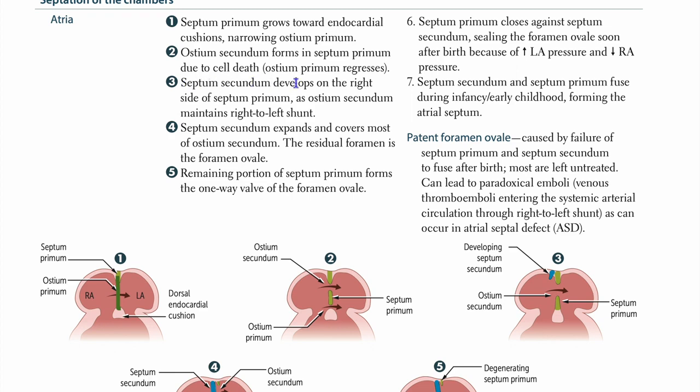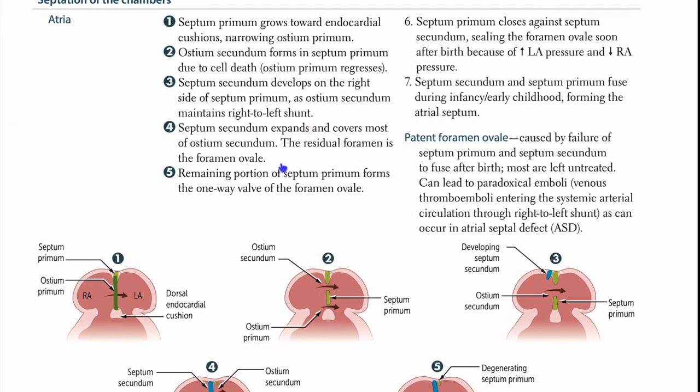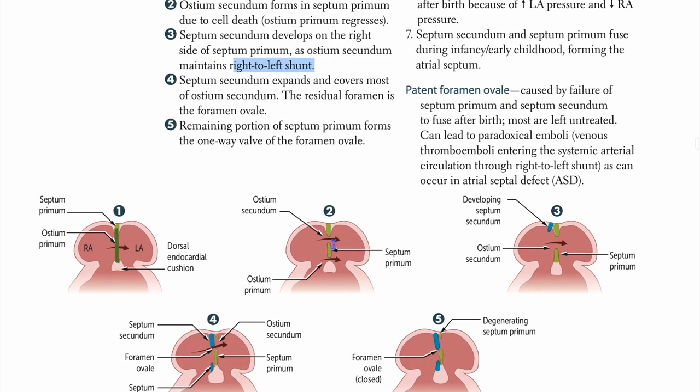Then 3. Septum secundum develops on the right side of the septum primum. Okay, so again, septum secundum develops on the right side of the septum primum as ostium secundum maintains right to left shunt. Okay, so again, right to left shunt means this one is going to push over here, right?